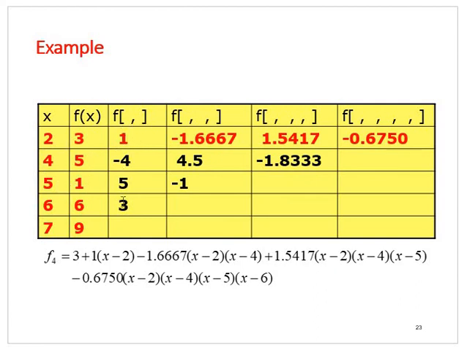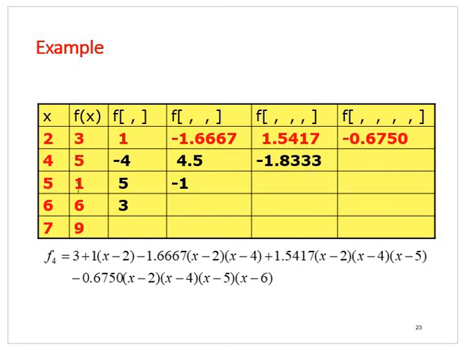And for this column, you're simply computing the respective gradients. So this one, 9 minus 6, 3, divided by 7 minus 6, 1. So this is 3. 6 minus 1, so this one is 5. 6 minus 5, 1, so this is 5.